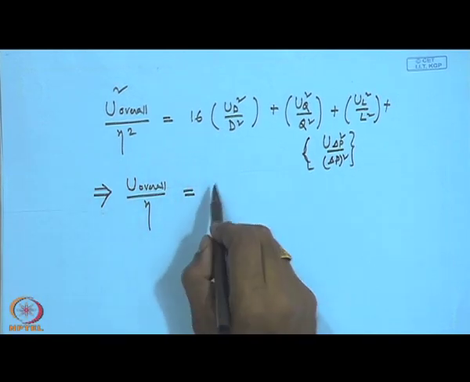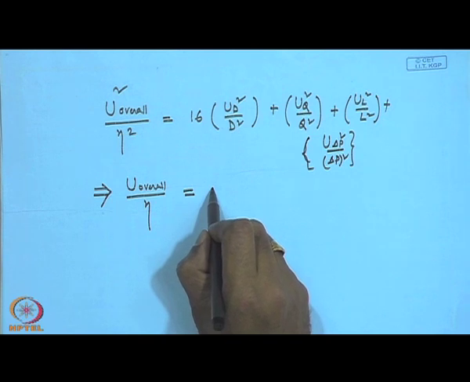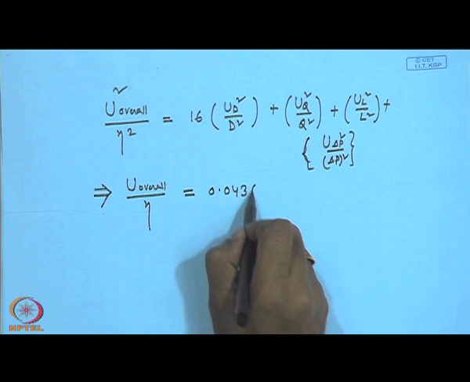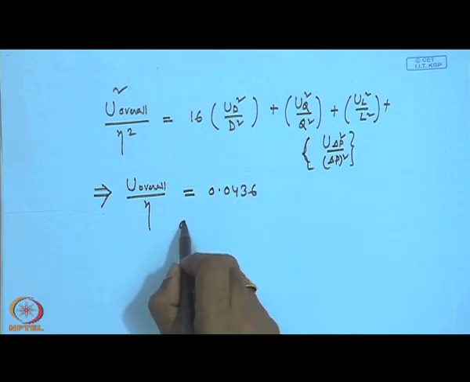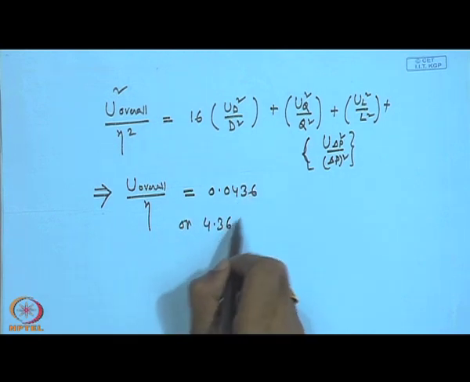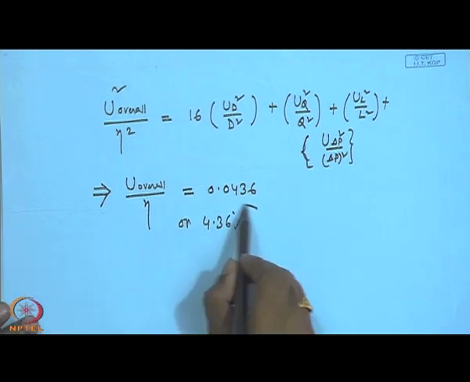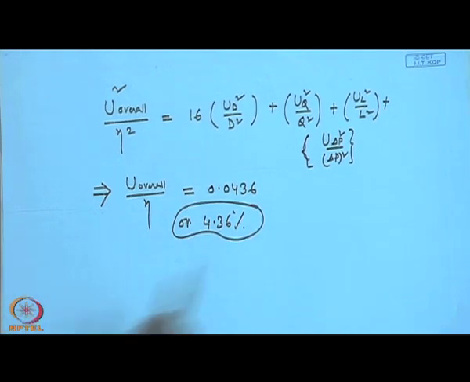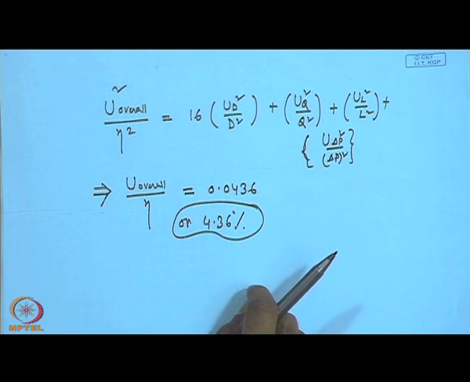After putting the numerical values, you will get 4.36%. So, this is the uncertainty in the measurement of dynamic viscosity.